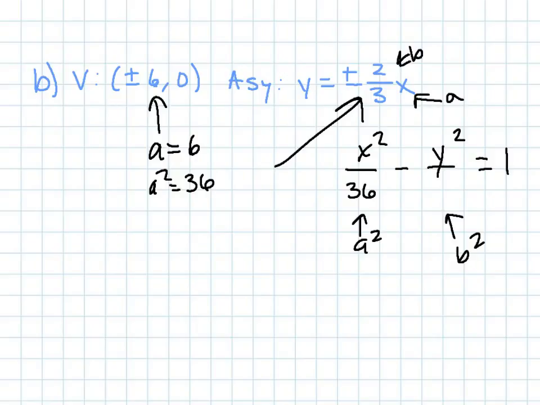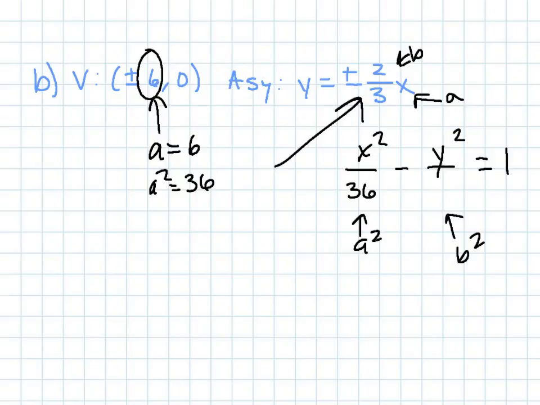Now, if you notice, my a values don't match. I have an a value of 3 and an a value of 6. The vertices are the ones that are legit, because you have to graph those. The asymptote ones, because you have b over a, you can reduce that because it's a fraction. So that means that a is actually 6, not 3.